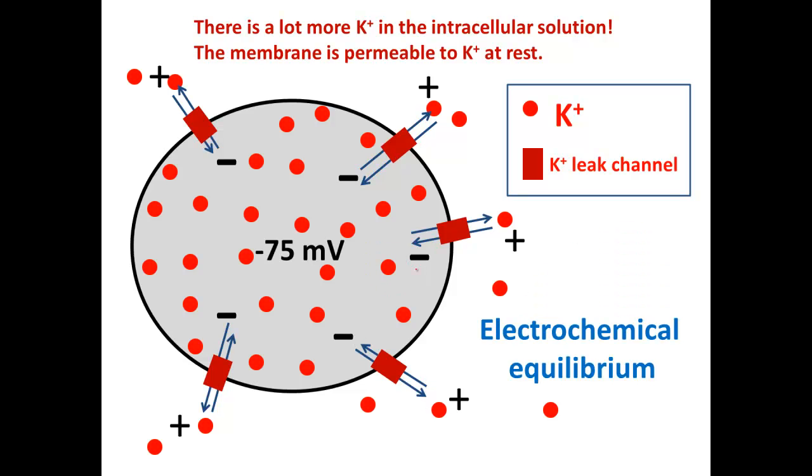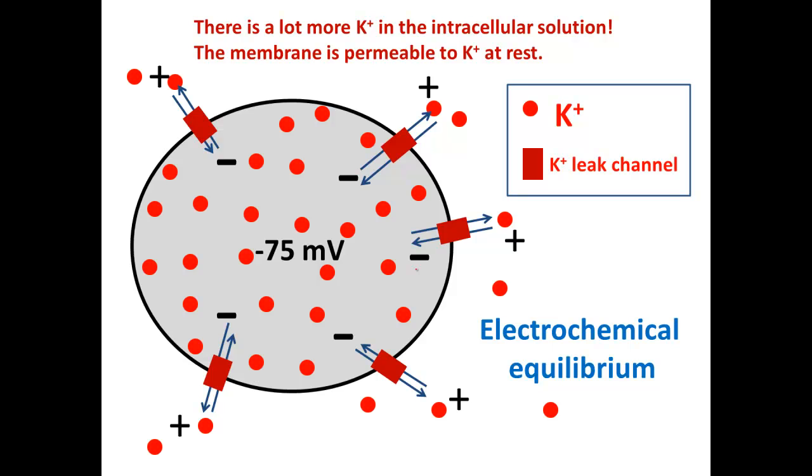At some point, the concentration and electrical gradients are going to balance each other out, and there is no longer going to be any net movement of potassium across that membrane. This state of balance is called electrochemical equilibrium. And that electrical gradient that exists at electrochemical equilibrium is the resting membrane potential of the cell.